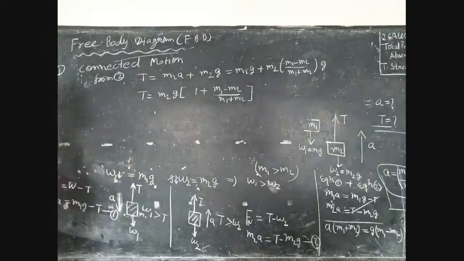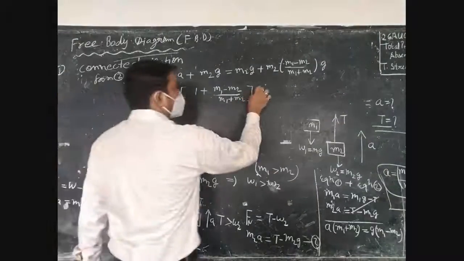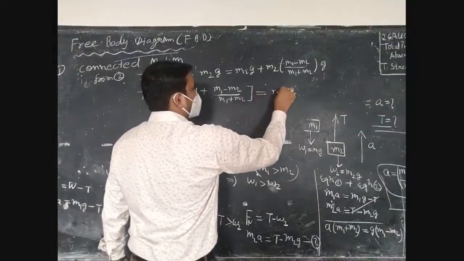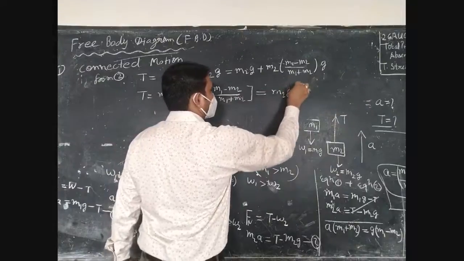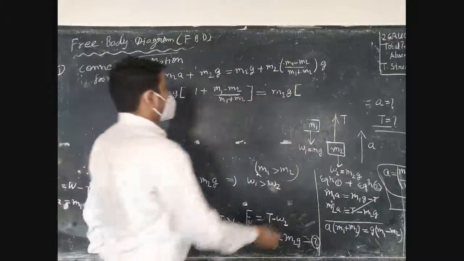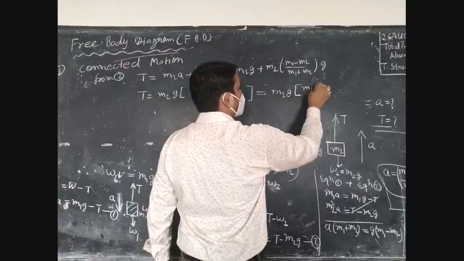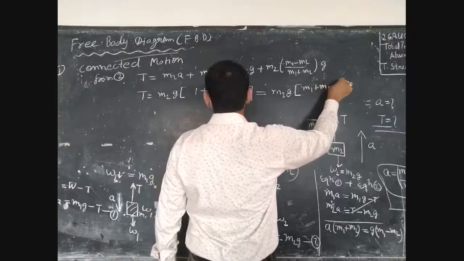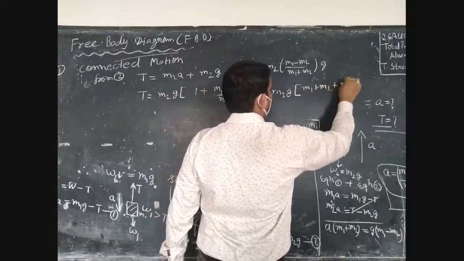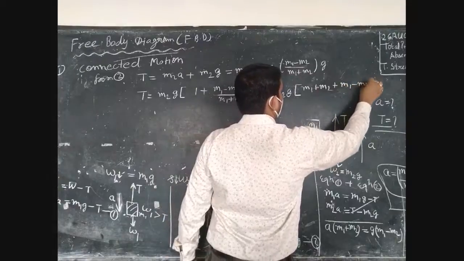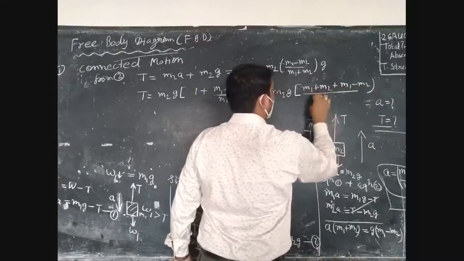Now take the LCM and solve. So you will get m2g, by taking the LCM, (m1 plus m2 plus m1 minus m2) in the numerator and m1 plus m2 in the denominator.